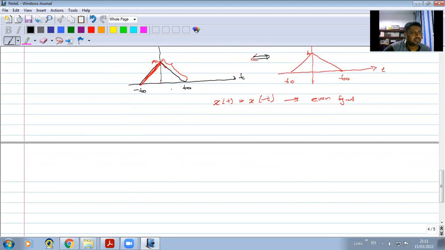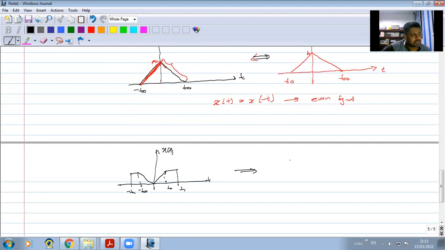That kind of signal is an even signal. Now let's consider another signal. What happens if the signal is like this, here and here? This is also a symmetric signal. Let's say this is t naught, t1, and this is minus t naught, minus t1. This is x(t).